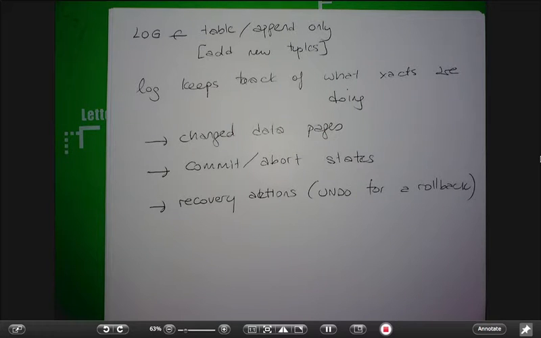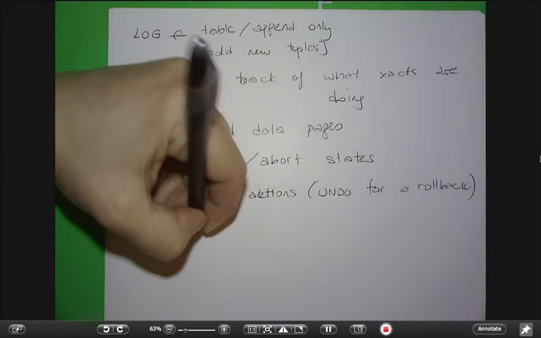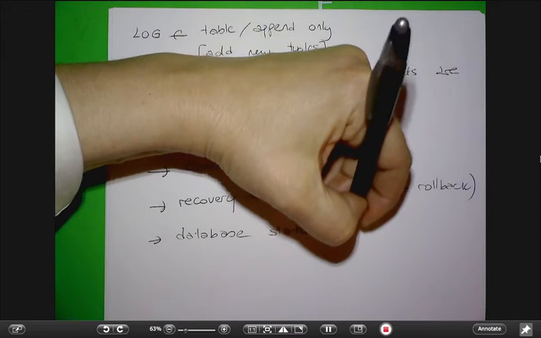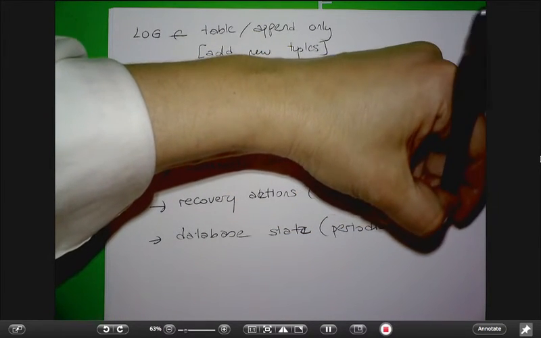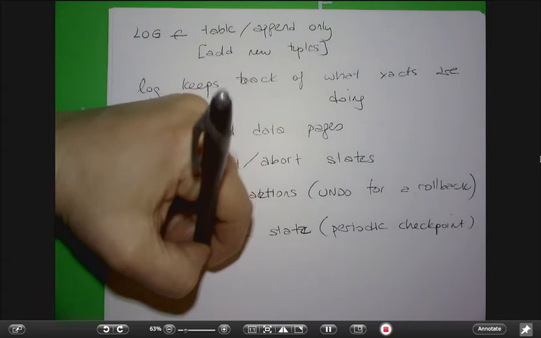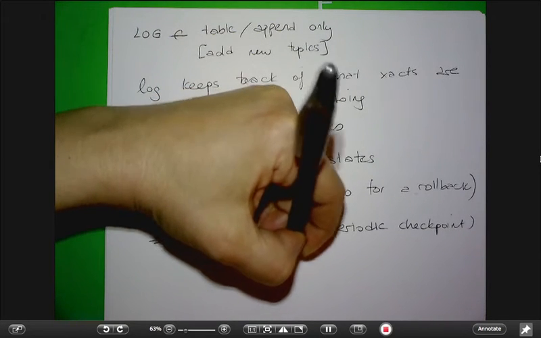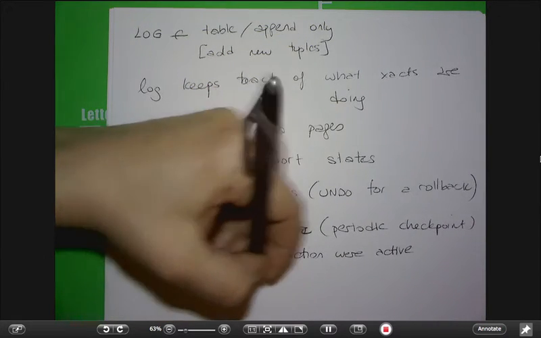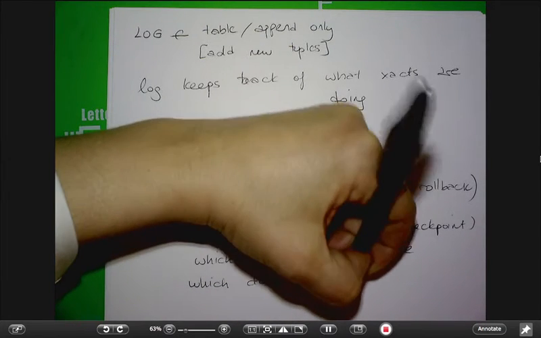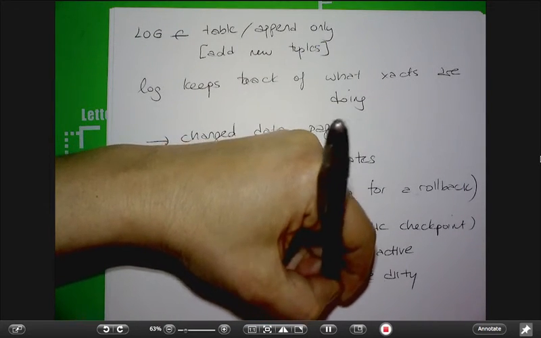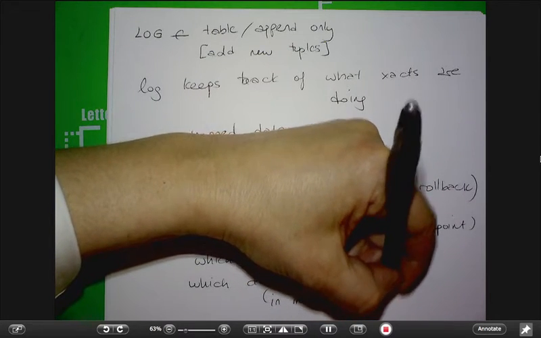You also keep track of the state of the database periodically, which is called a checkpoint, which you do periodically. Okay. So the kinds of things that you have are things about which transactions were active, and which data pages were dirty. In this case, that means in memory, changed, but not written back.